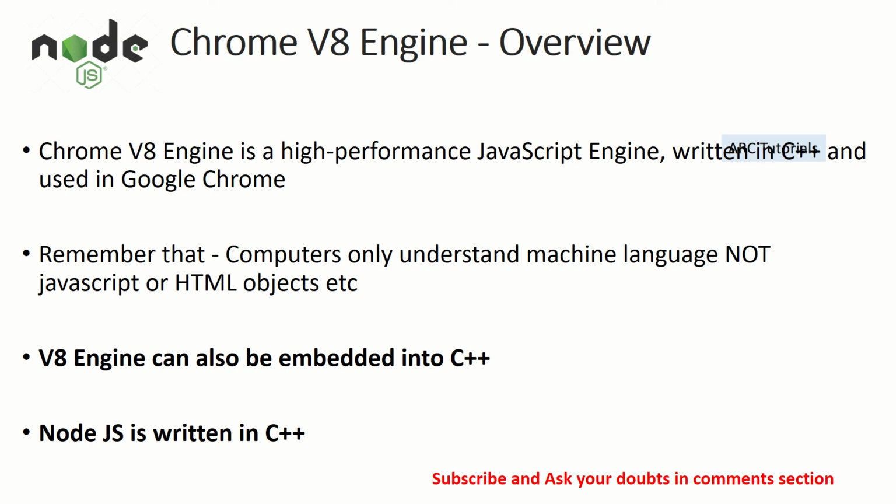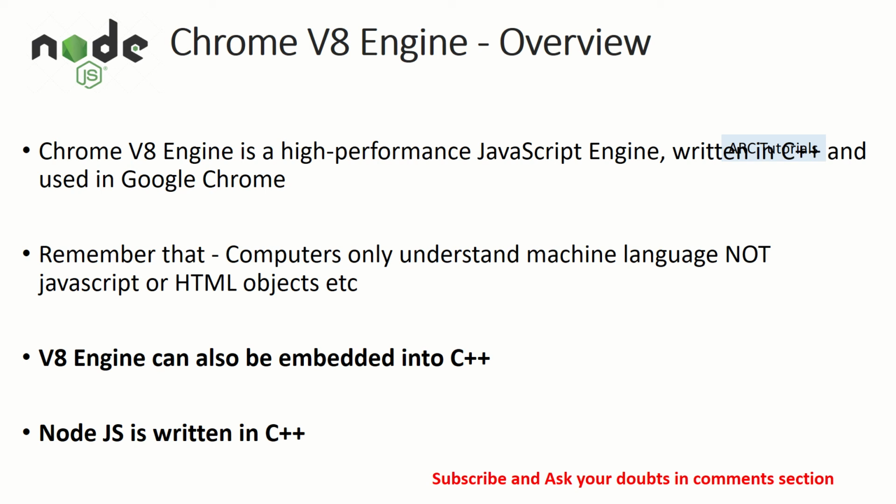Chrome V8 engine is a JavaScript engine of really high performance, written in C++ and used in Google Chrome. Remember that computers only understand machine language, it's either Boolean 0, 1 and not JavaScript or HTML objects. The code that is written in JavaScript is understood by browsers, but it's not understood by machines.